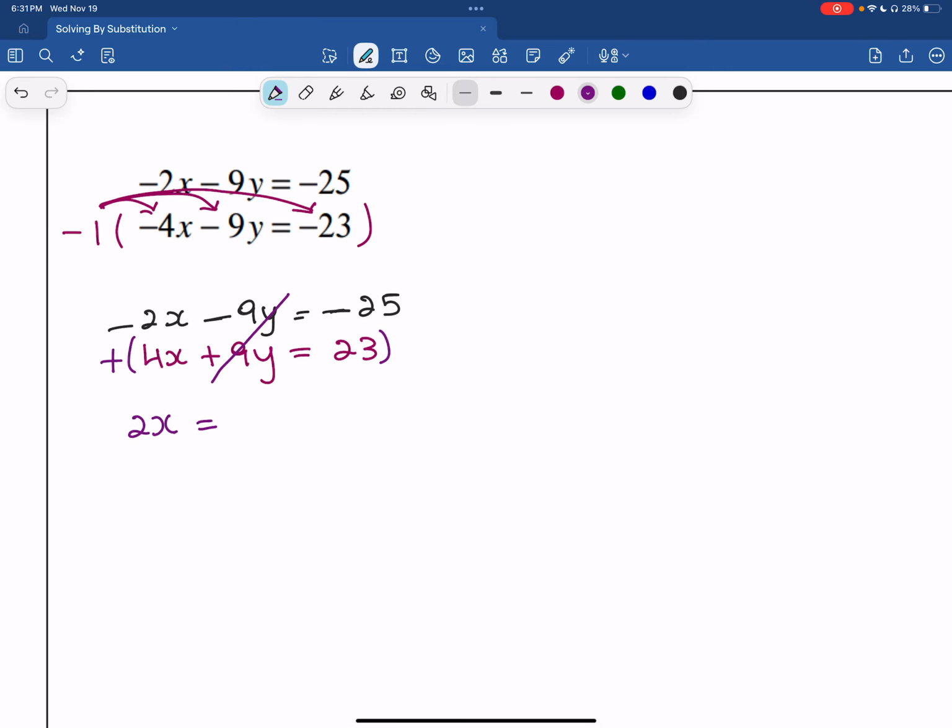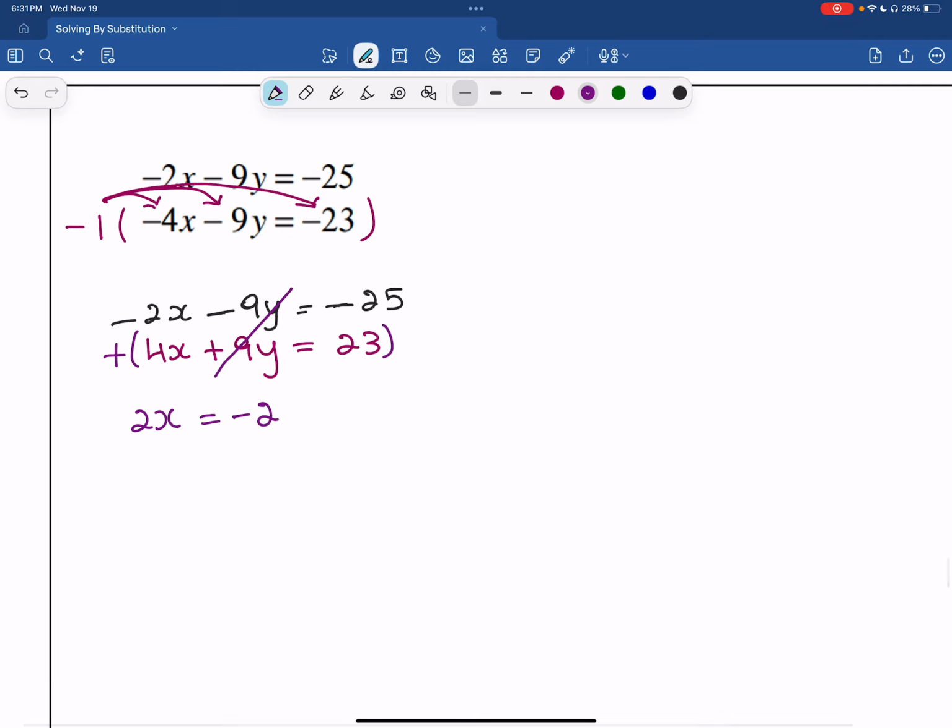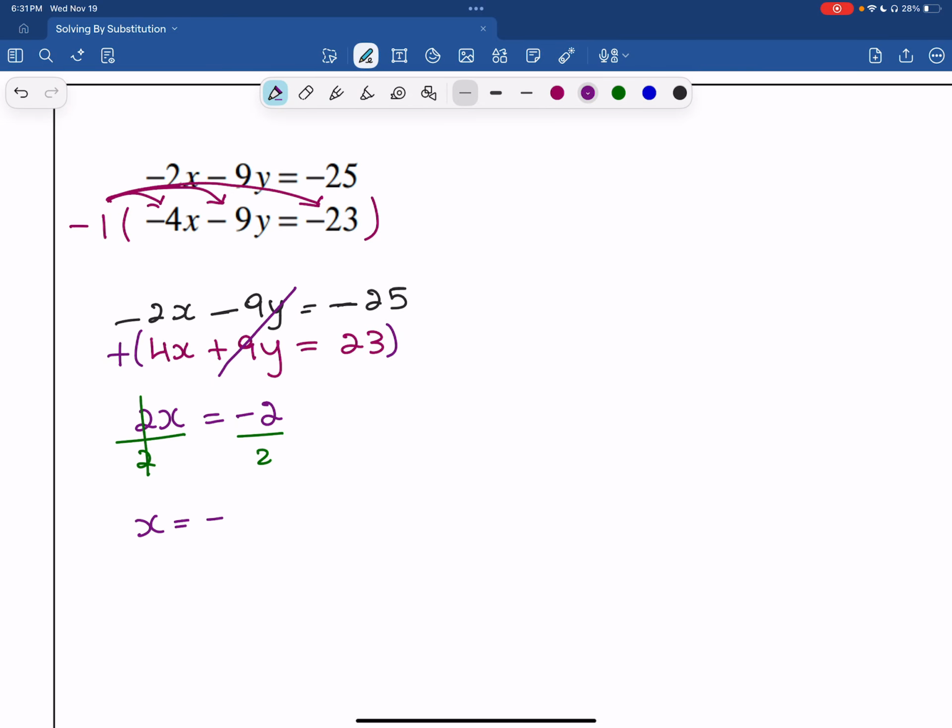And -25 plus 23 is just -2. Last step here to solve for x is to divide both sides by 2. This will cancel, and x is equal to -1.